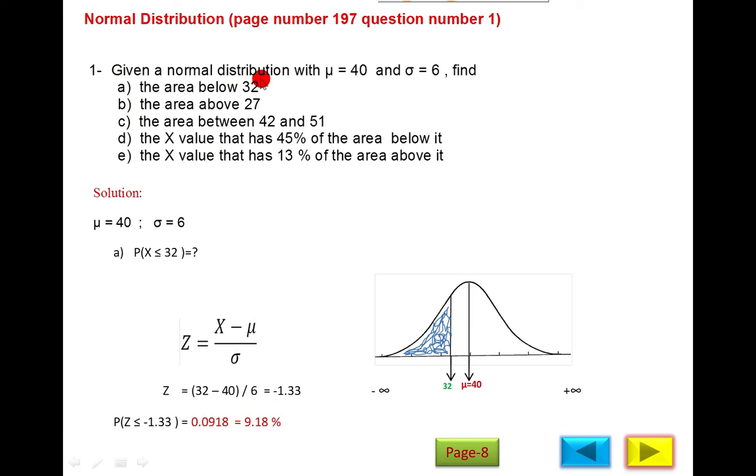So how will we decide? Suppose the words normal distribution are not given. This is the mean 40 and sigma 6. With the help of the mean 40 and sigma 6, we will find the probability. Same as you know that in binomial distribution, if n and p are known, then we can find the probability.